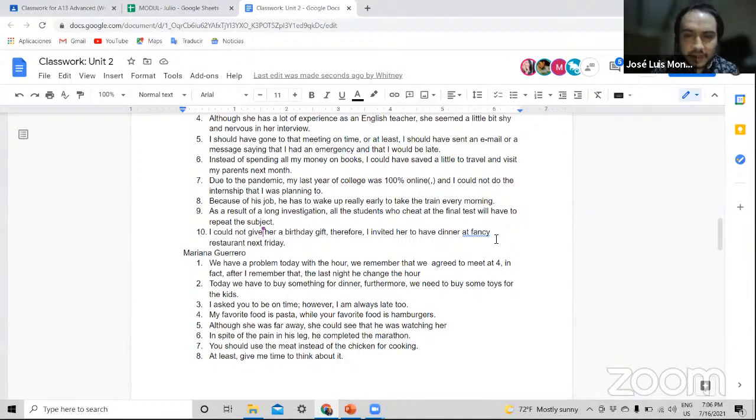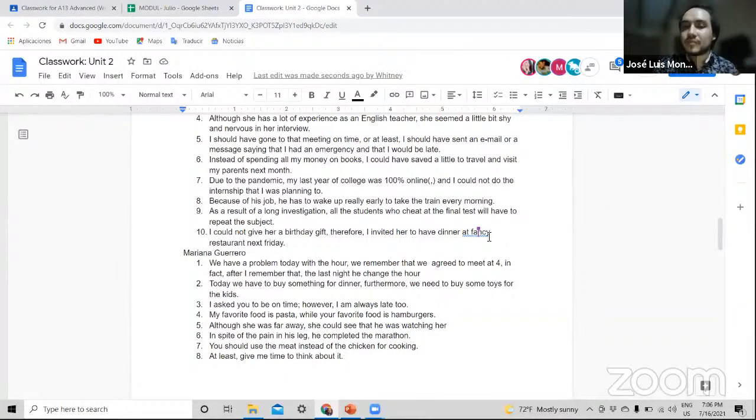After that, this one, right? This is a mistake because fancy is an adjective, of course, and we don't use articles with adjectives. But you are using fancy with restaurant, and restaurant is a countable noun.